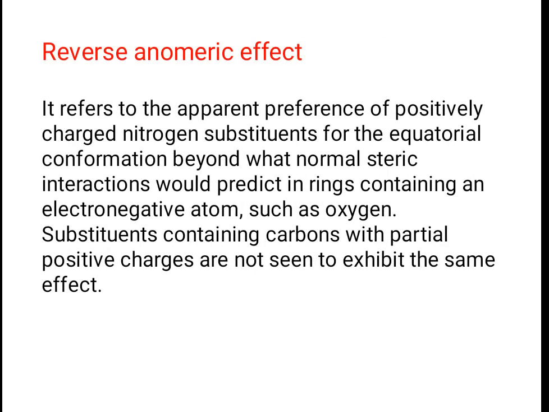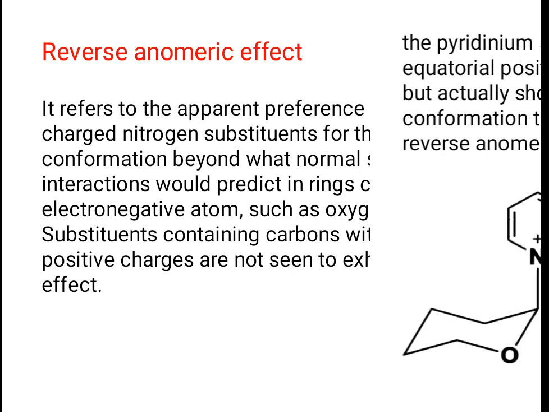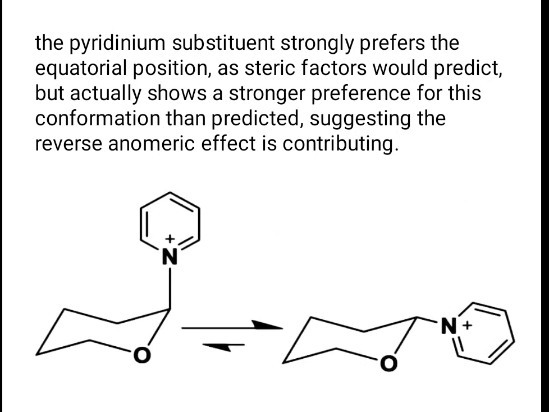Now, the reverse anomeric effect. It refers to the apparent preference of positively charged nitrogen substituents for the equatorial conformation beyond what normal steric interactions would predict in rings containing an electronegative atom, such as oxygen. Substituents containing carbons with partial positive charges are not seen to exhibit the same effect. So what is happening in case of the reverse anomeric effect?